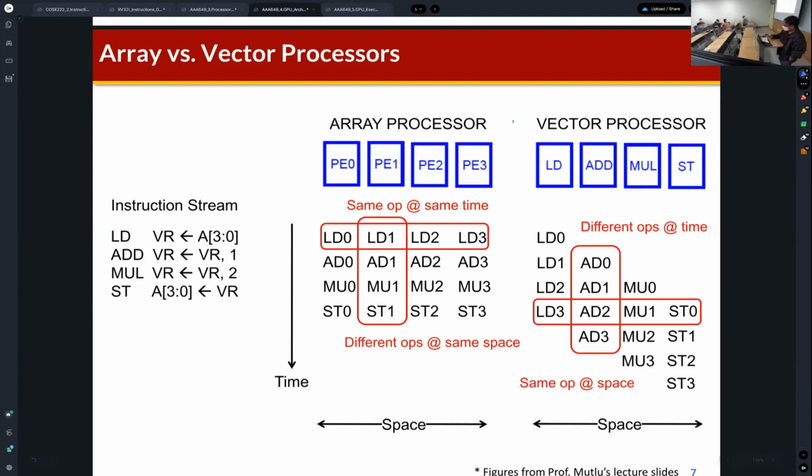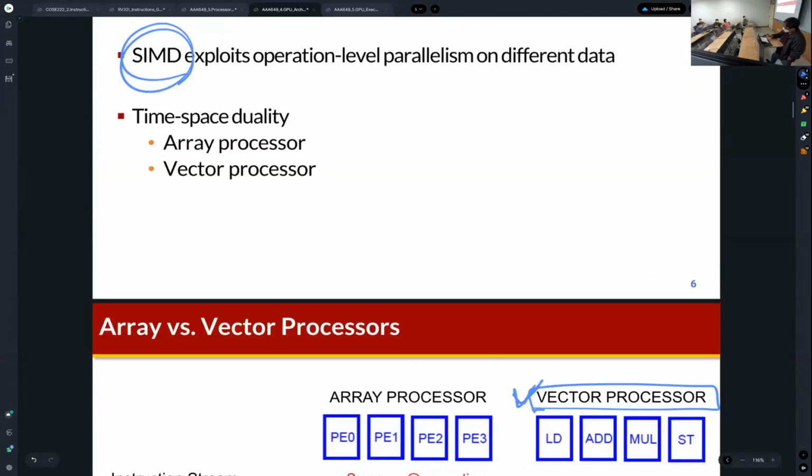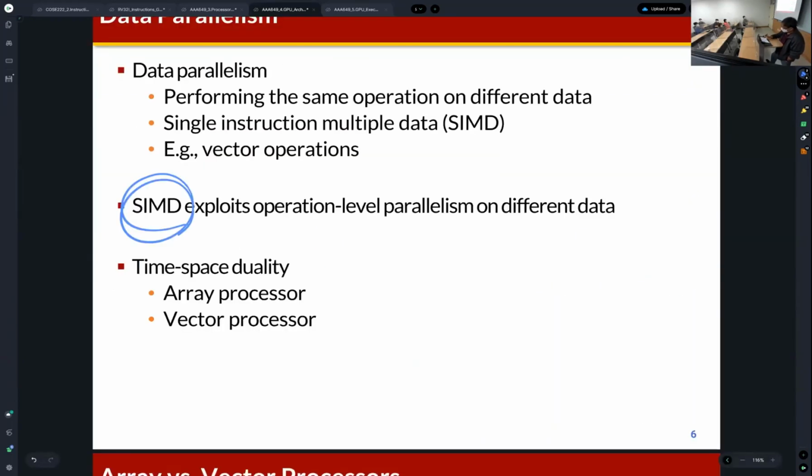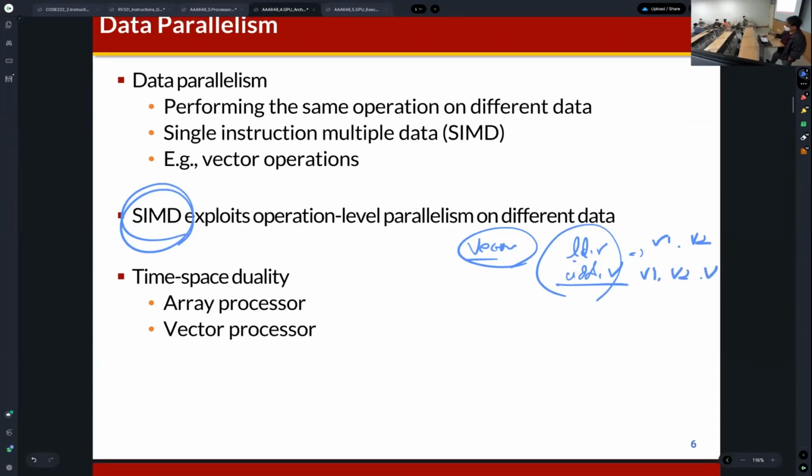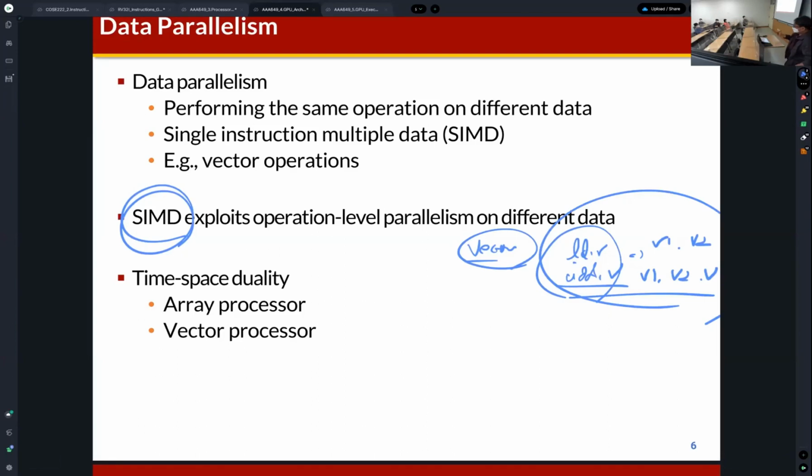The vector processors were developed first. With a vector processor, a single instruction like load or add takes vector operands like B1, B2, B3. Then how can we execute this type of instruction?